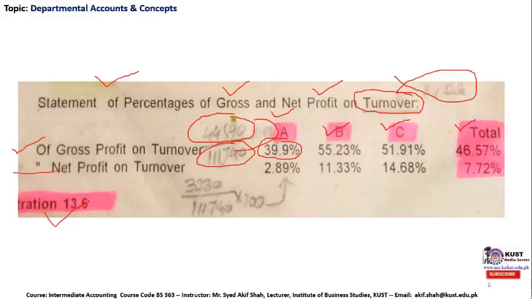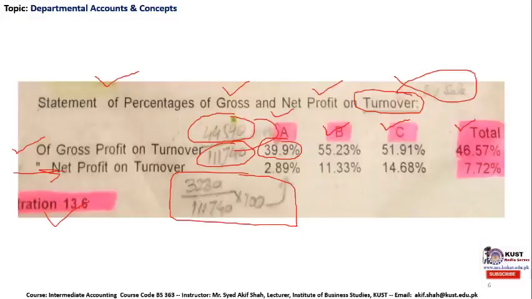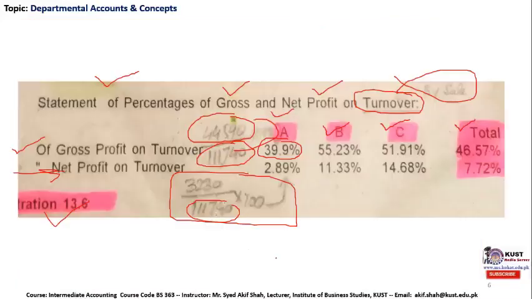How did we calculate the net profit on turnover? The formula was to divide the net profit of department A, 3,230, by the sales volume of department A. Let's counter check it. This is the sales volume of department A, which was 1,11,740.